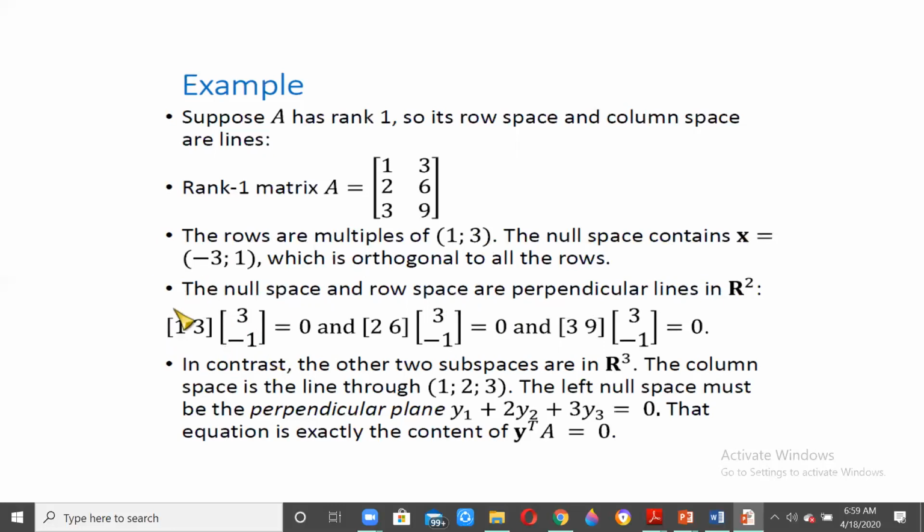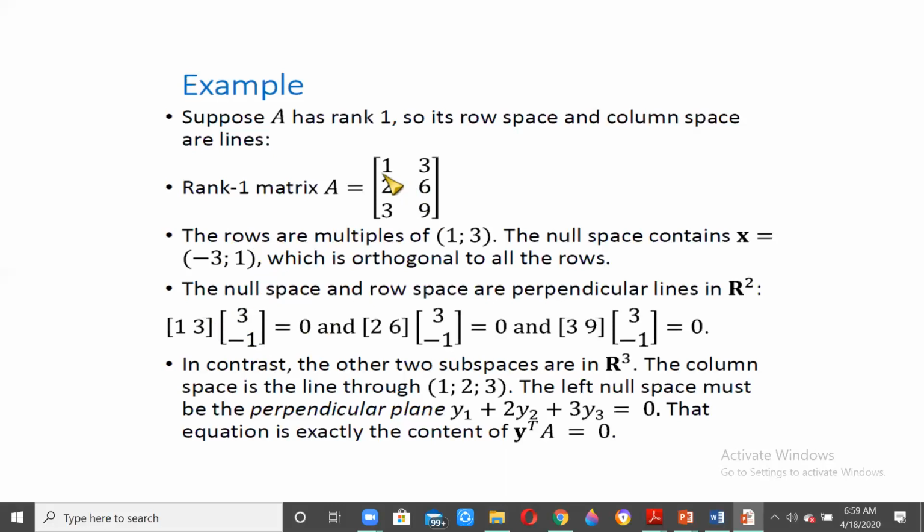So we should take the row space transpose multiplied by the null space.